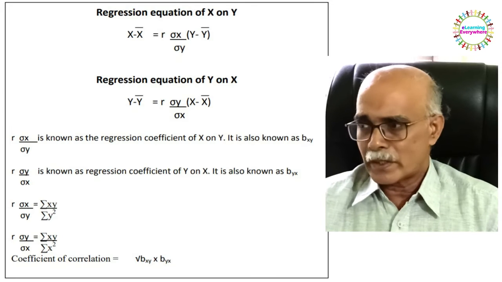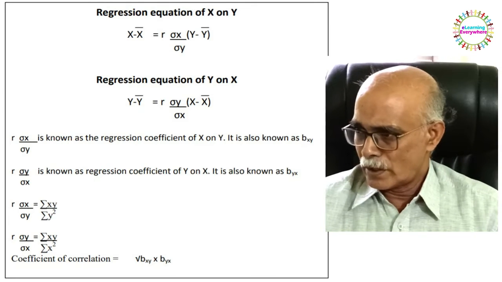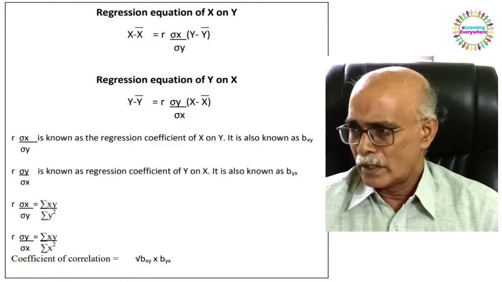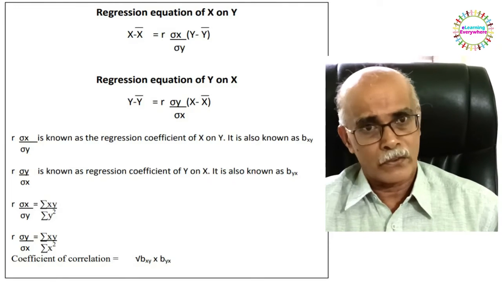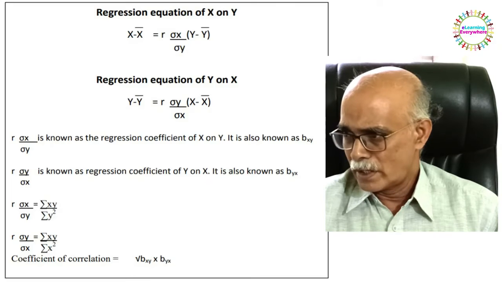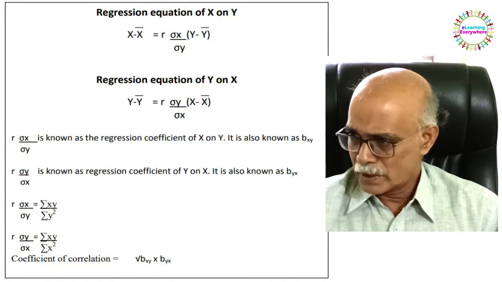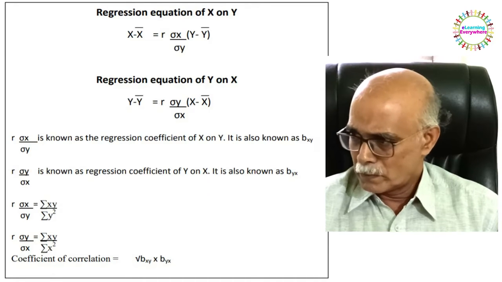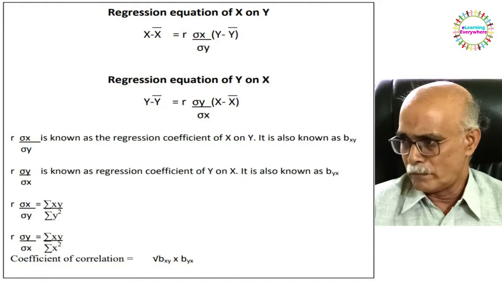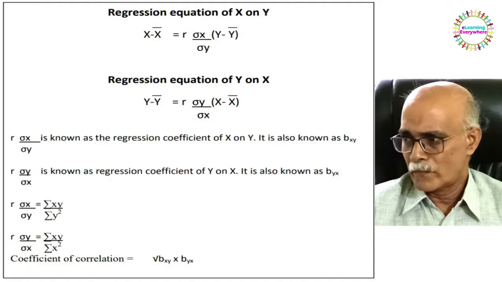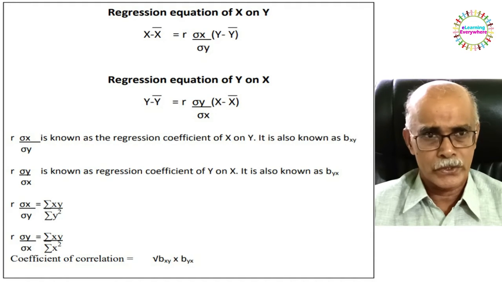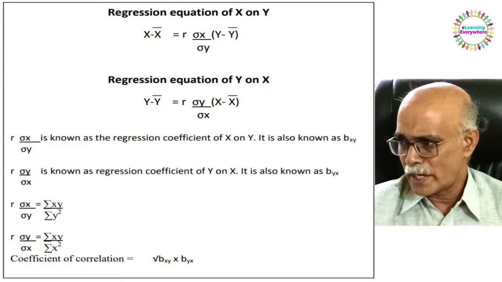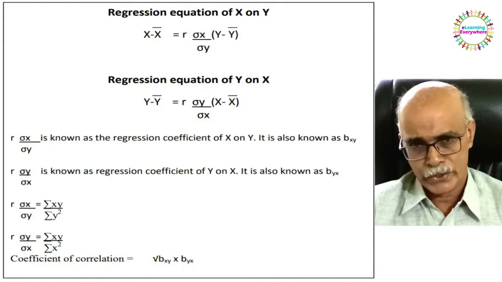There is a relationship between the correlation coefficient and the regression coefficients: the correlation coefficient is equal to the square root of bxy into byx.